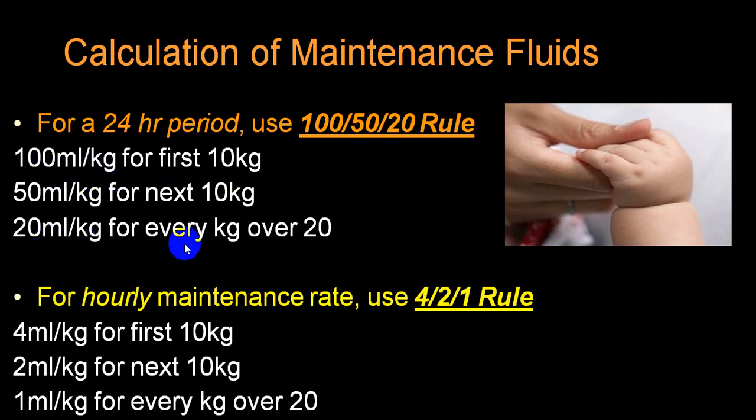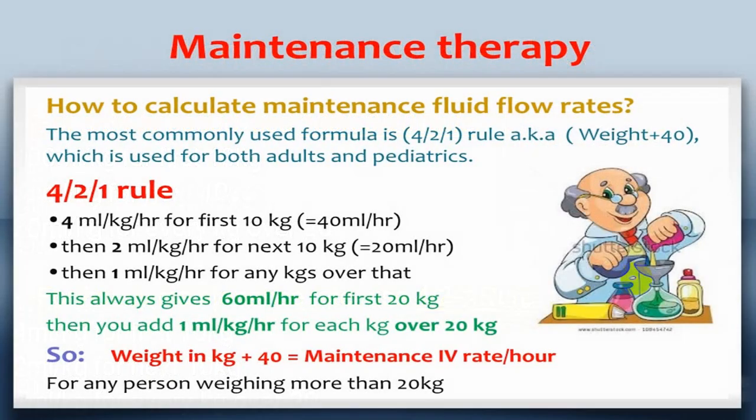Plus for 40 kg 800, so 2300. So it comes to roughly 2400. That will be the rough way of calculating daily requirement, maintenance fluid, and hourly maintenance fluid. So 4 to 1 or weight plus 40 maintenance per hour. So that becomes a very simple formula.